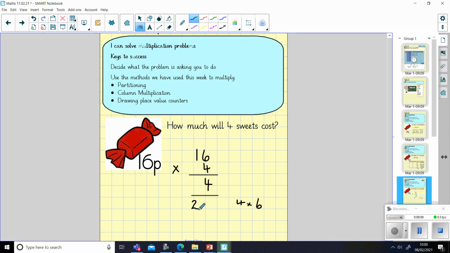Then I'm going to do 4 times 1, my 10s number multiplied by my 1-digit number. 4 times 1 is 4, and then add on the 10s underneath is 64. So again, different method, same question, same answer, 64 pence.